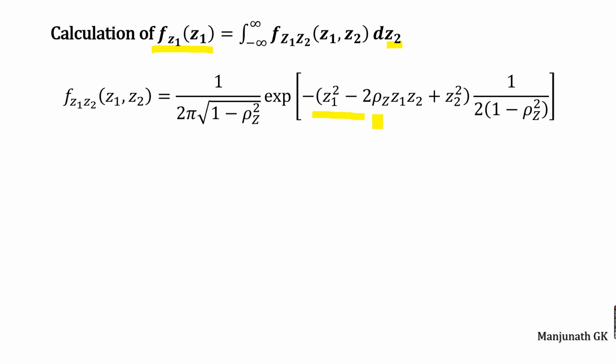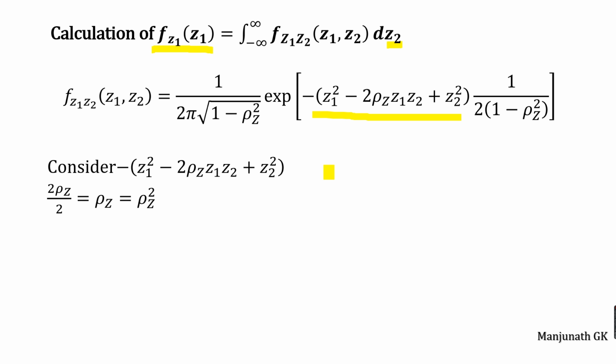Let us consider this term, and it should be written in another form using the completing the square technique. Consider this term and consider this rho Z. Z2 into rho Z half is rho Z square, so we add rho Z square into Z1 square and subtract it from this equation.